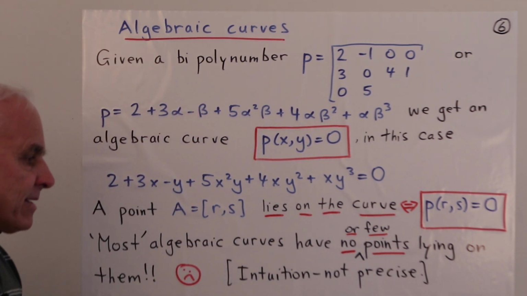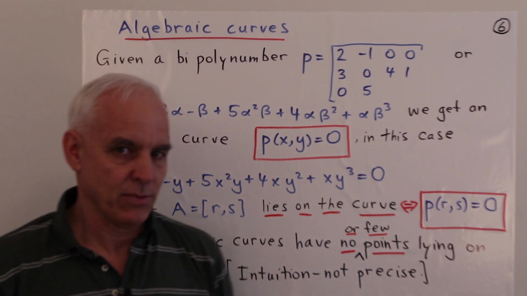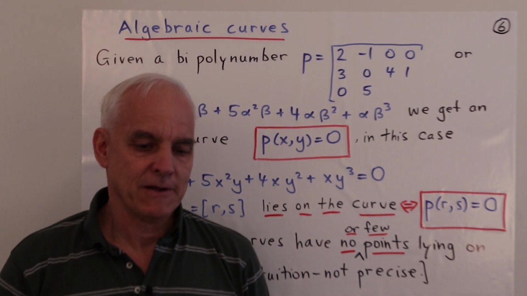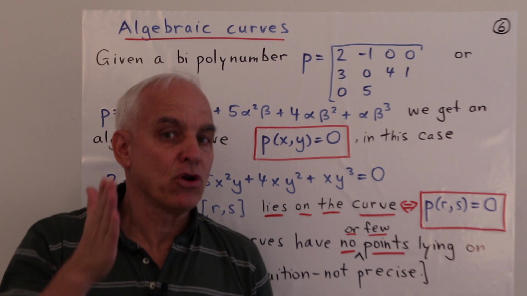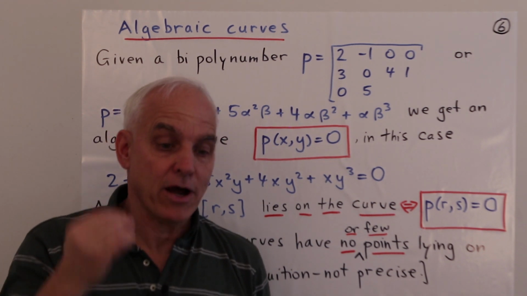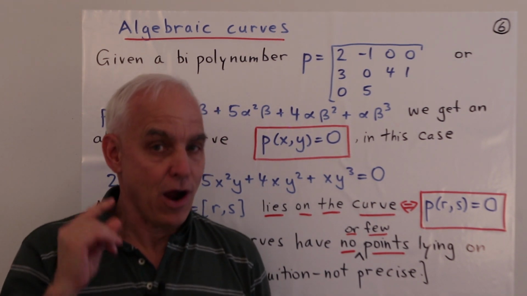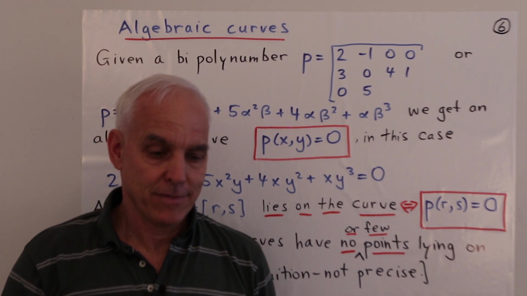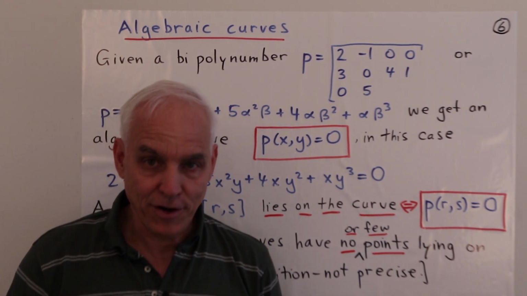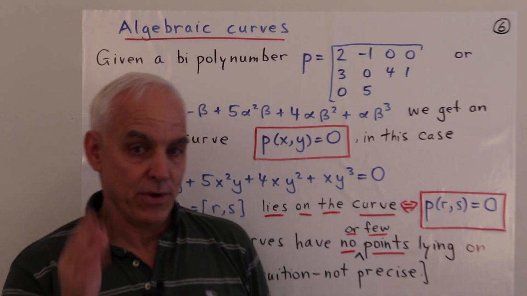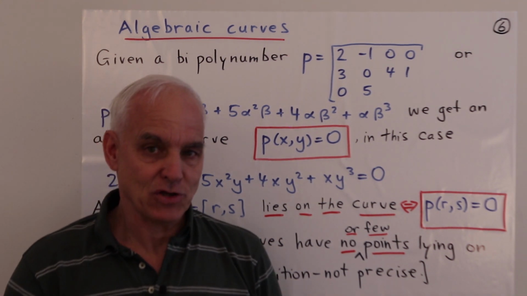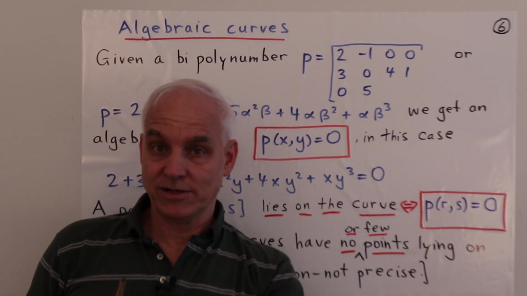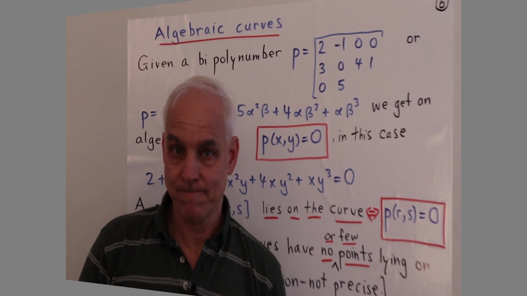That's a very delicate point, and we have to be conscious of the fact that if we're talking about exact pure mathematics, points on algebraic curves are often hard to come by. But nevertheless, sometimes they're there, and we can still ask, how are we going to find tangents to algebraic curves if we do have a point on them?